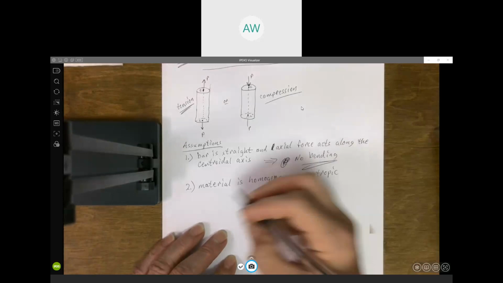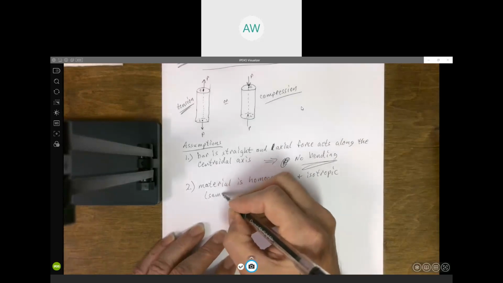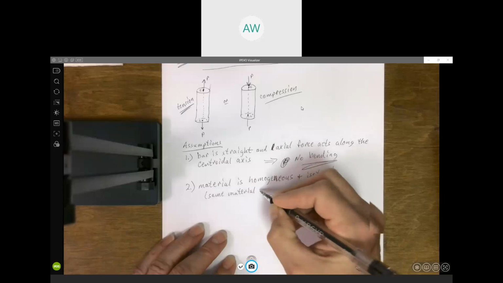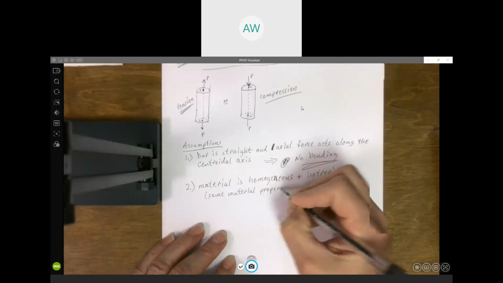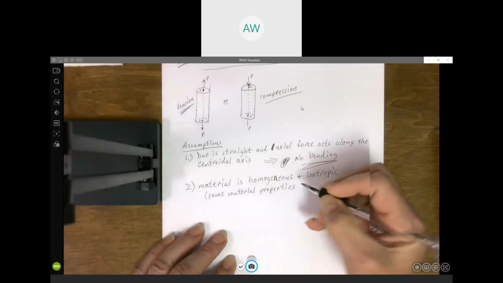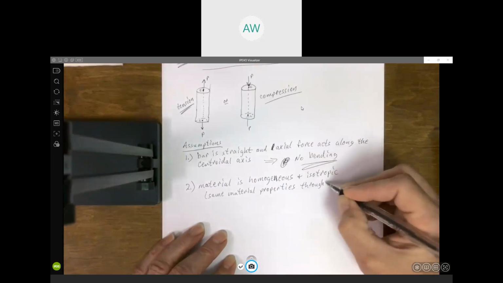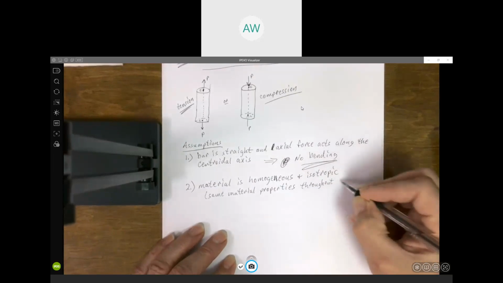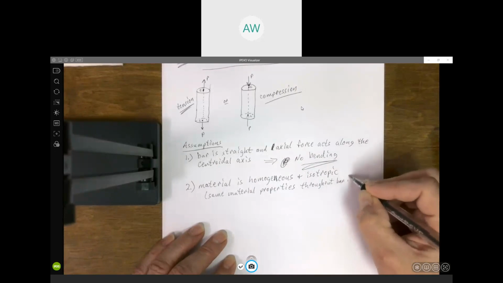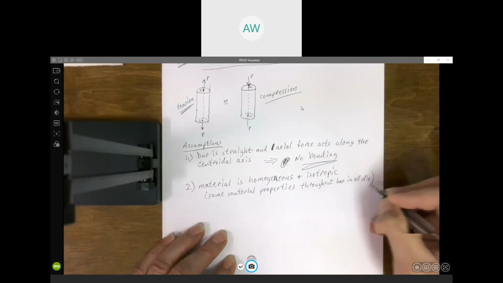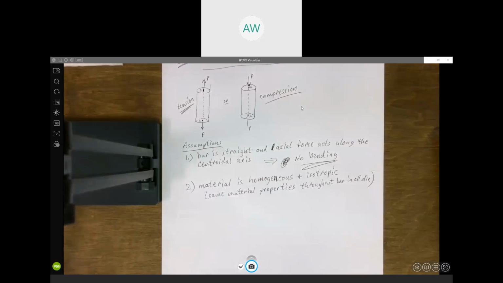So basically, we're assuming we have the same material properties throughout the bar in all directions. So basically, we're assuming this thing's all the same material.